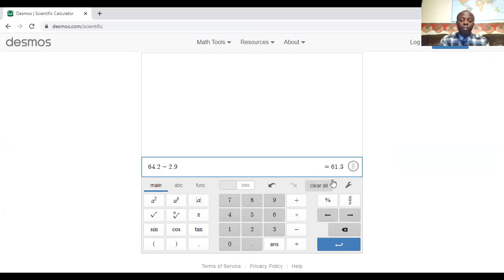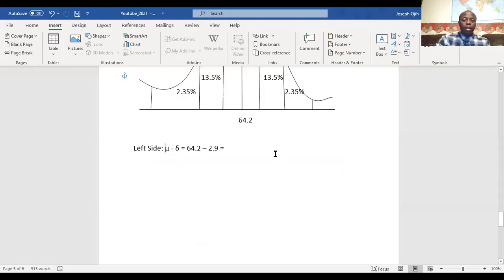That gives us 61.3 inches. So you can put it right there. We got 61.3 inches.